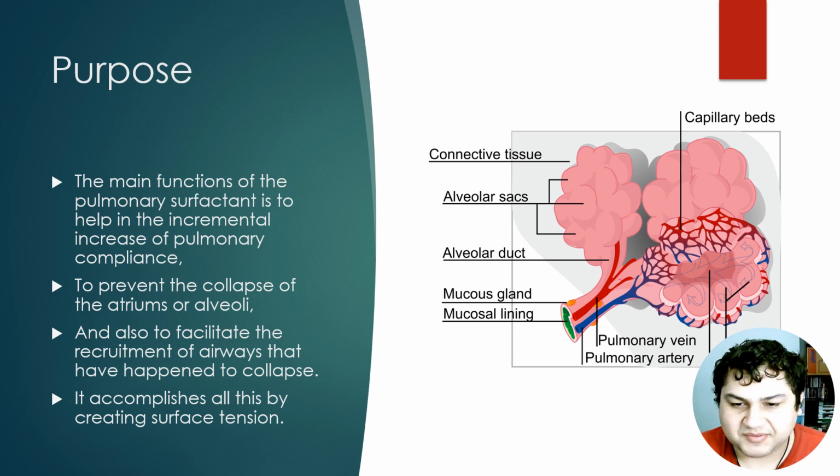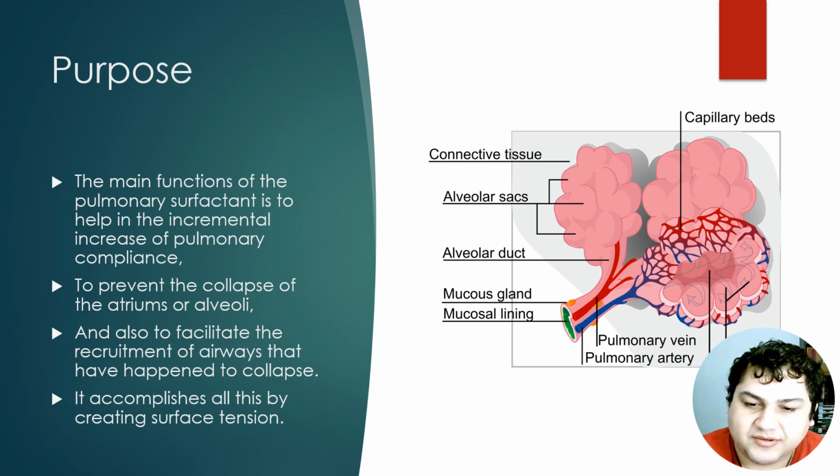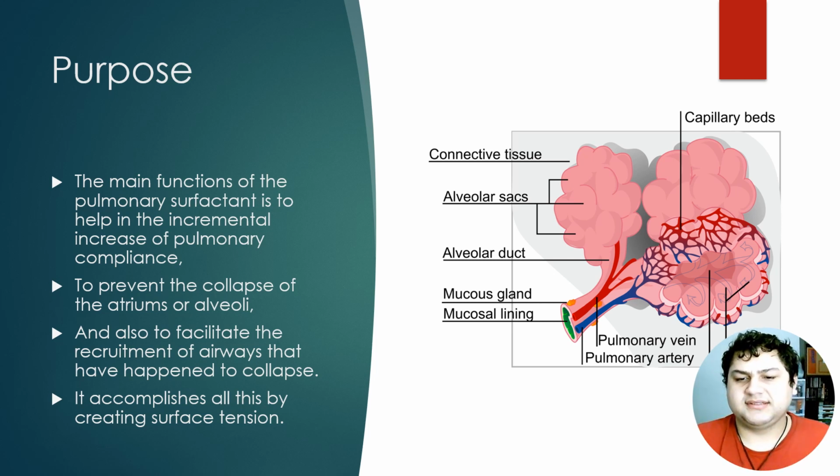This is accomplished by the basic physics principle of creating surface tension. The fluid within creates a force that allows the surrounding material to maintain its shape and to manipulate its shape as well.